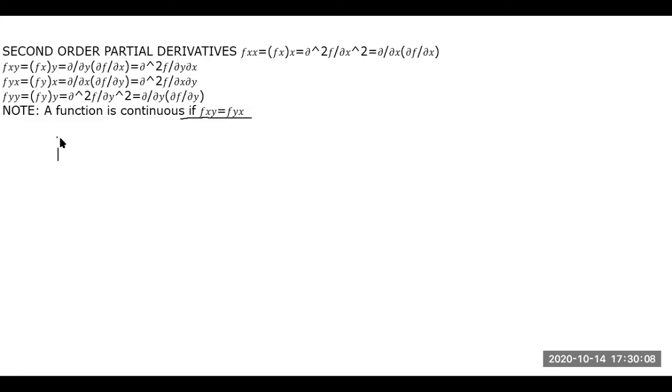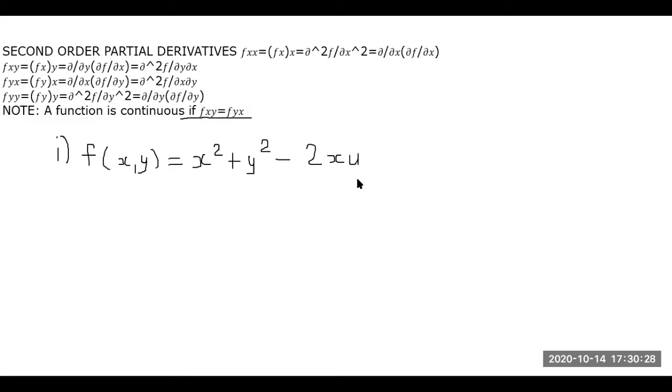So let me say, for example, f of x, y is equal to x squared plus y squared minus 2xy. Let's say this is a function.